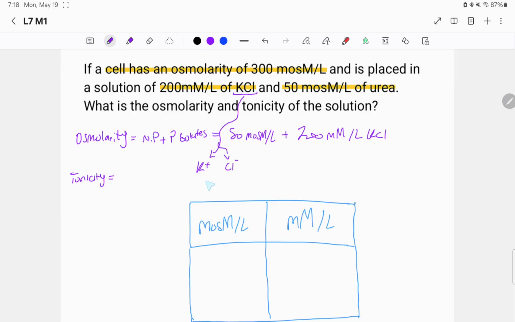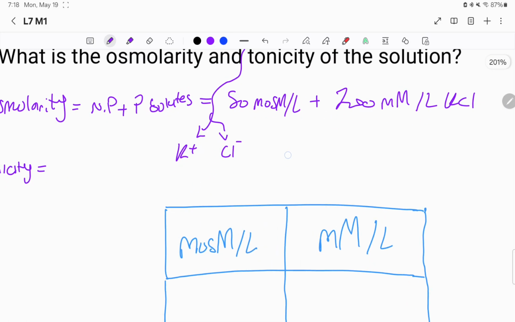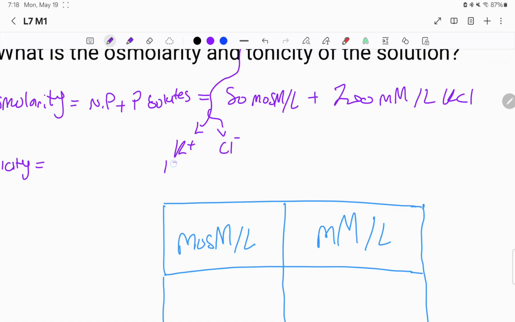These are the constituents. Now, notice how I have one solute and a second solute. Each of these solutes will exert an osmotic pressure. So this one will have a pulling pressure and this one will have a pulling pressure. Thus, when I'm calculating osmolarity, I actually have to take into account both of their pressures.